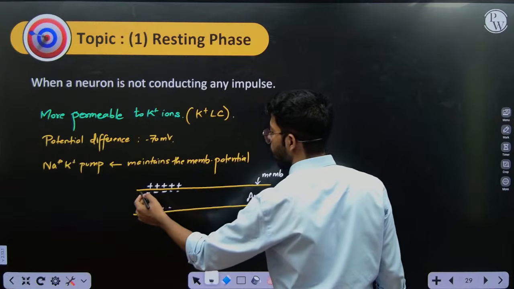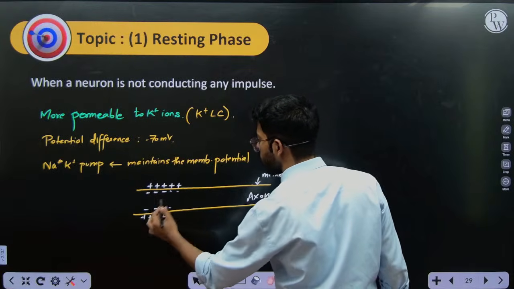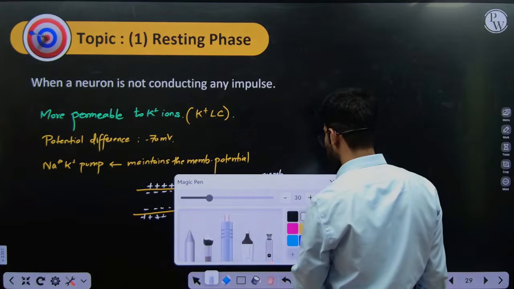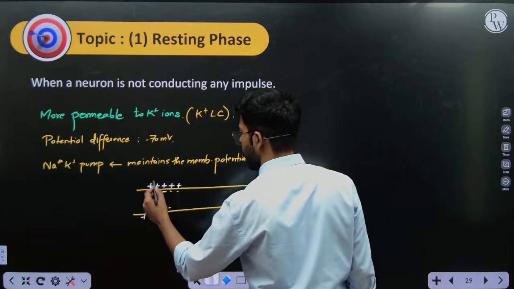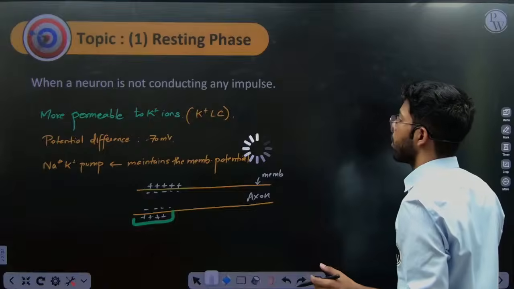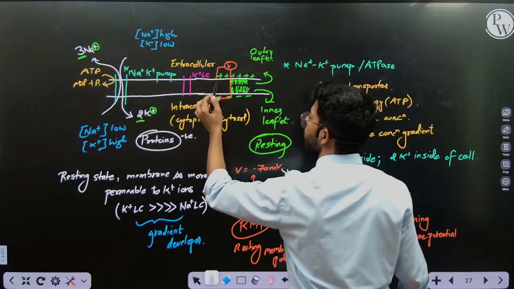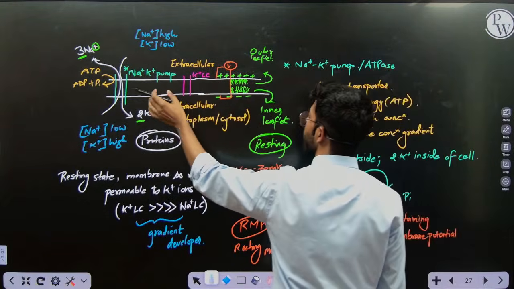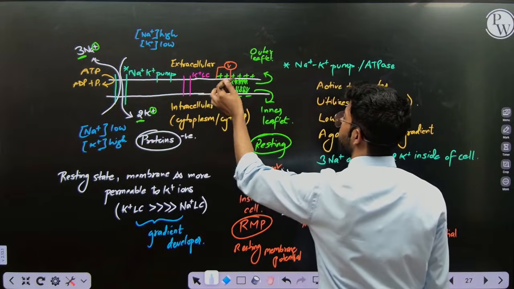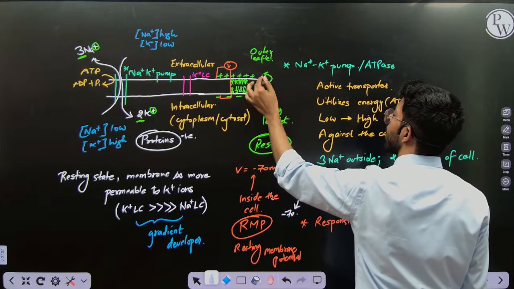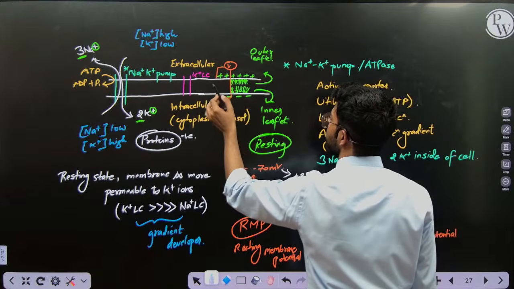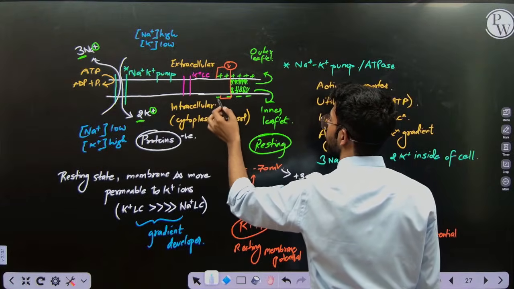The outer leaflet is always positive, because of the leaky channels and the sodium potassium pump. That's why positive ions develop outside the cell, in the outer leaflet, and negative inside the cell.